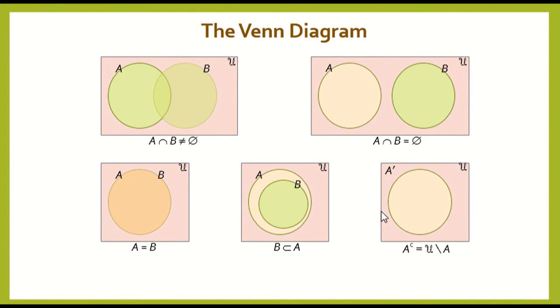So, this is the illustration of the complement, what is outside our set but inside the universal set. So, A complement is equal to universal minus the set A. So, all the elements in the universal set except the elements inside A.